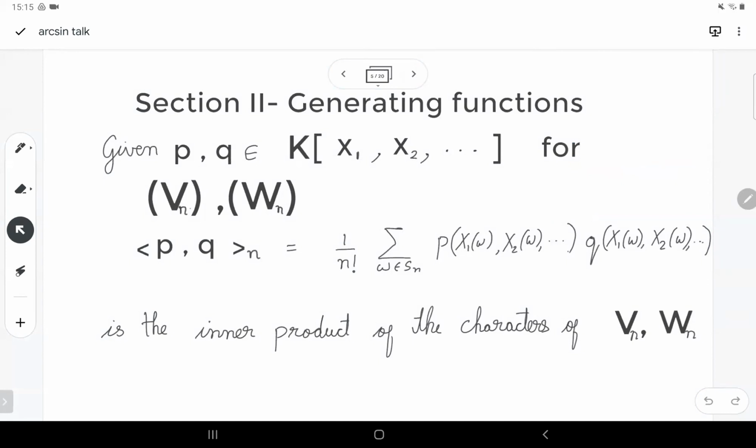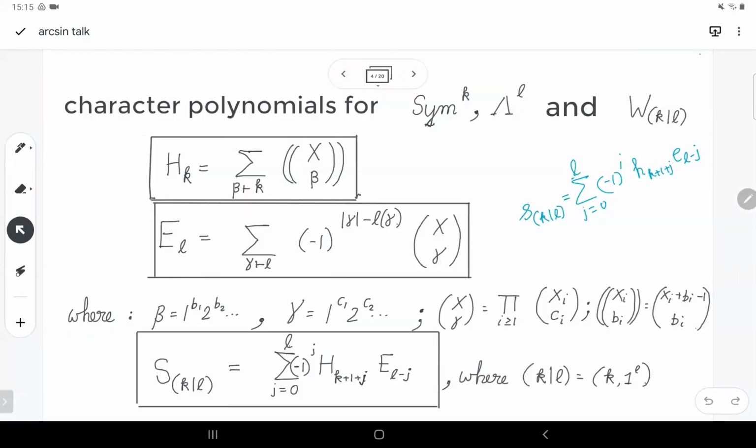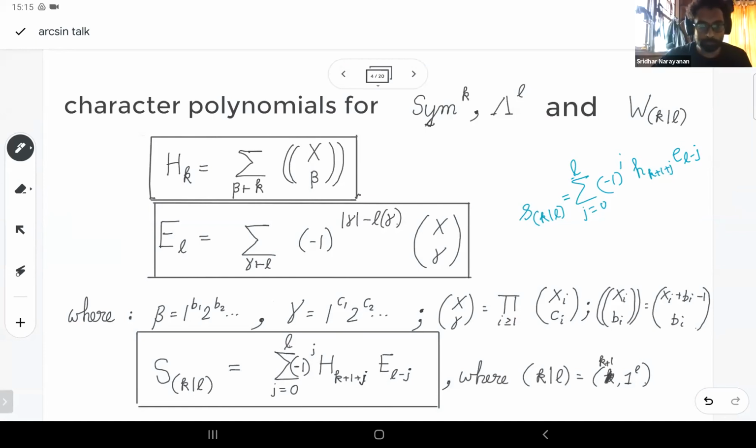Could you go back? So the L determines the number of terms in the sum. K and L will have different roles.